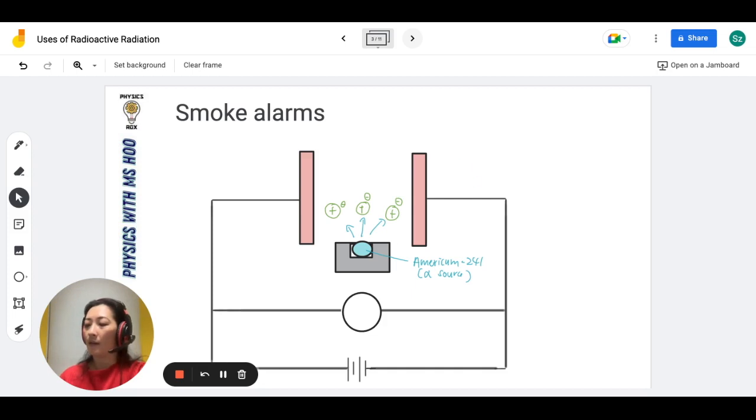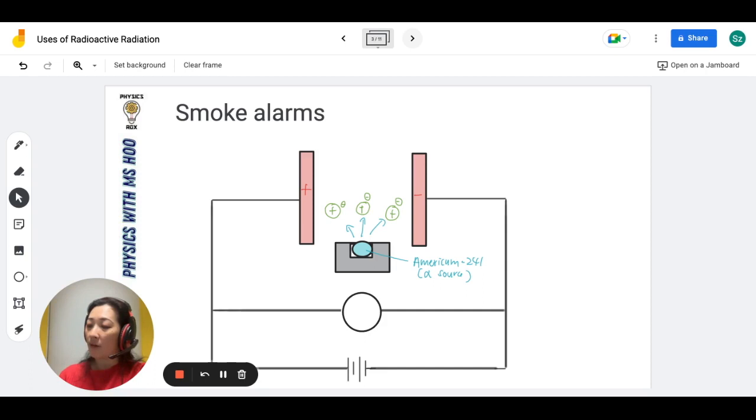So here's the smoke alarm. These are two electrodes or two electrical plates that are part of a circuit, and you can see that they're not connected. So these plates, positive plate and negative plate, it's an incomplete circuit. The purpose of alpha particles here is to ionize the air particles, and these air particles will complete the circuit.